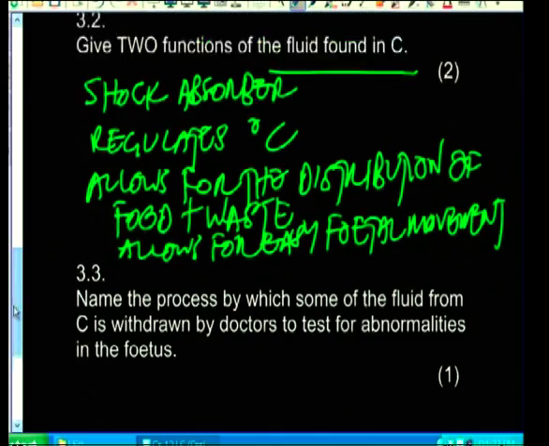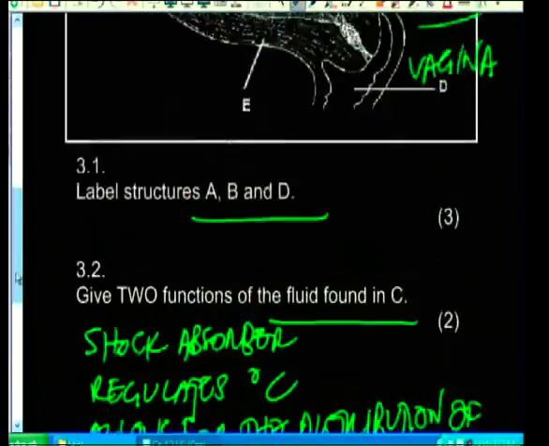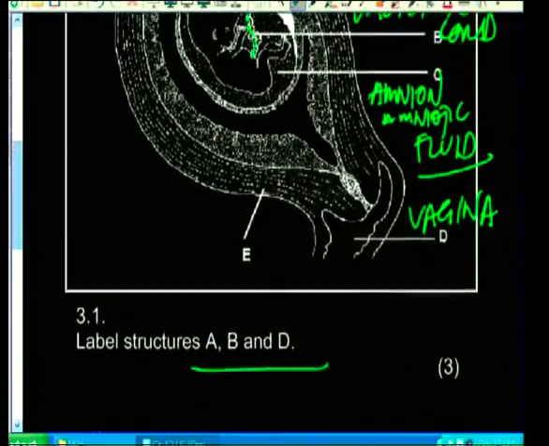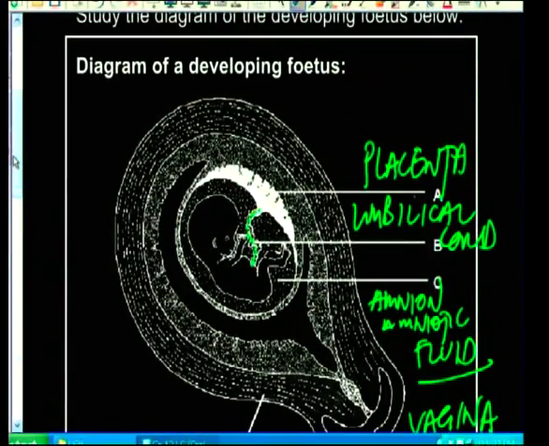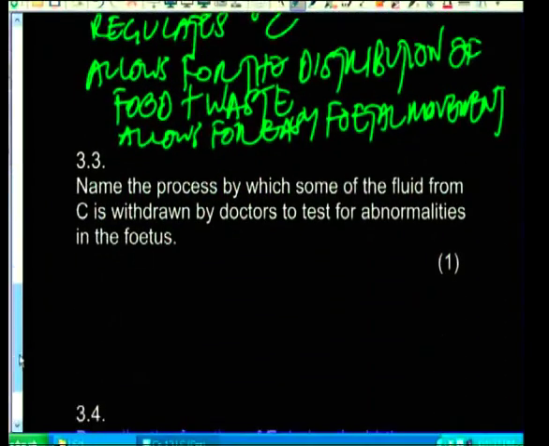In other words, the fetus can move freely in fluid. It's easier to move in fluid. By the way, one of the first signs of labor, the onset of labor, is when the amnion breaks, or the amniotic membrane breaks to release this fluid. It's called the breaking of the waters.